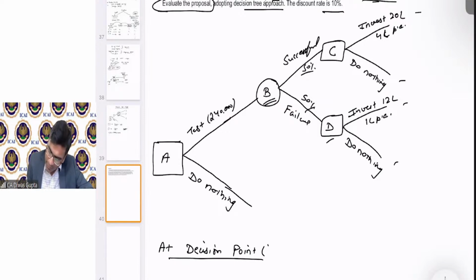At decision point C, what are the two decisions? The first decision is to invest 20 lakhs and get 4 lakhs per annum. And the second decision is not to invest. Here, the preferred choice will be investing.